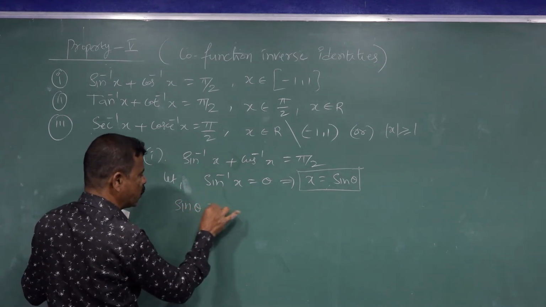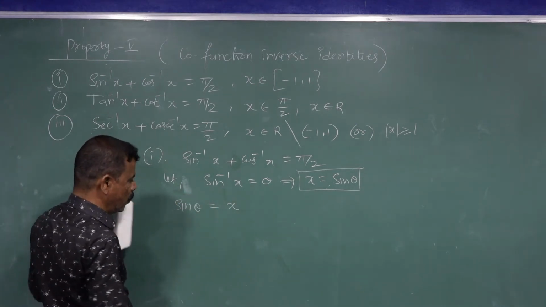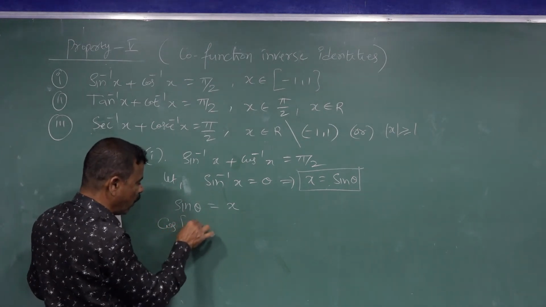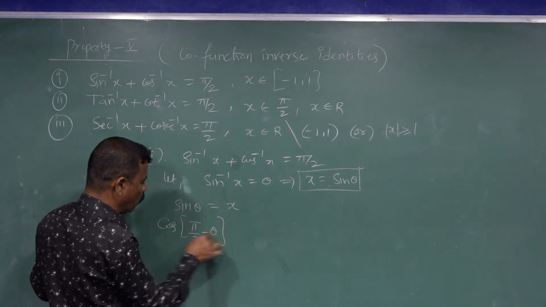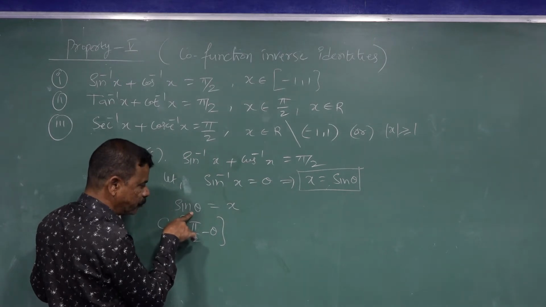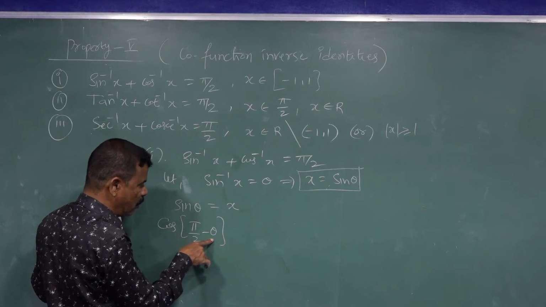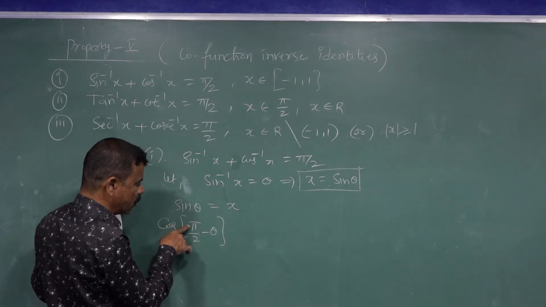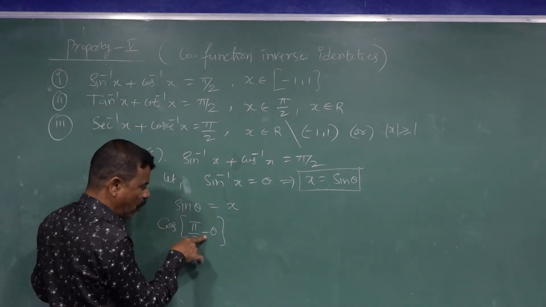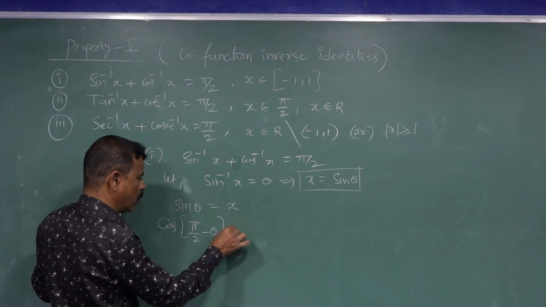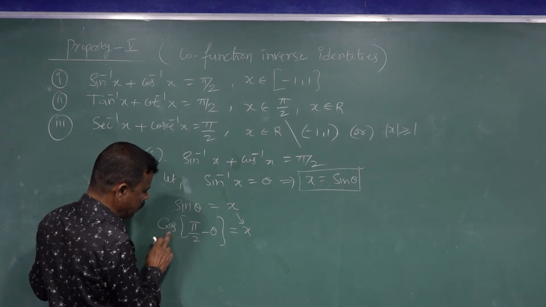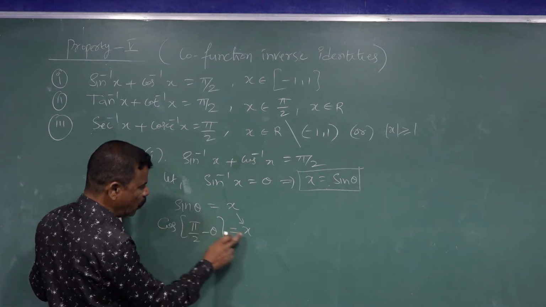In another way, sin theta in cos terms: cos of 90 minus theta is equal to sin theta. In the first quadrant, cos of 90 minus theta equals sin theta, so cos(90 minus theta) is equal to x.